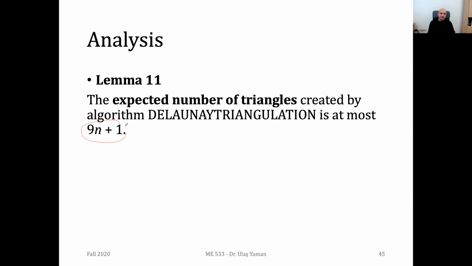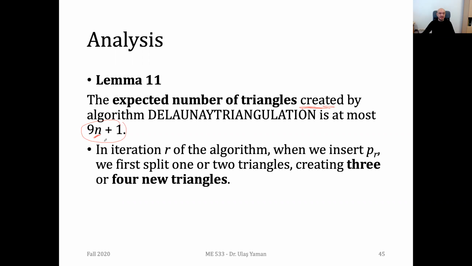So if you are given n number of sides, we can at most generate this number of triangles. We don't say that that will be the final number of triangles, but during your computation, this is the maximum value you can create. And obviously it has a linear relationship between the number of points and the number of triangles generated.